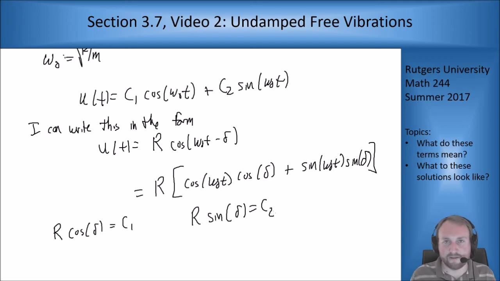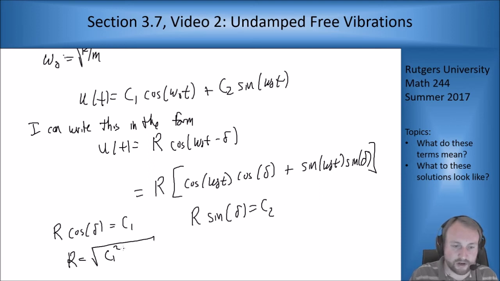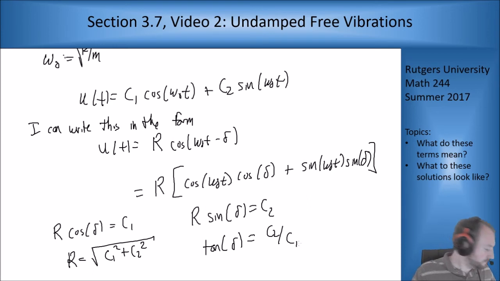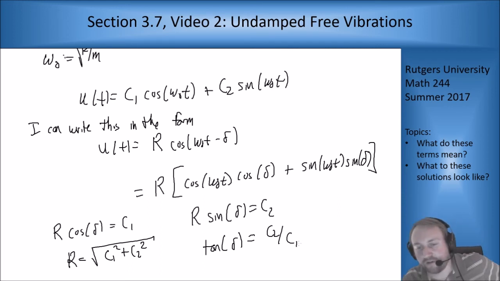Here we have delta instead of theta, but the idea is the same. Going the other way, r is the square root of c1 squared plus c2 squared, and the tangent of delta is c2 over c1. When solving for delta, we have to be sure we pick the right quadrant, by looking at the signs of the sine and cosine terms.